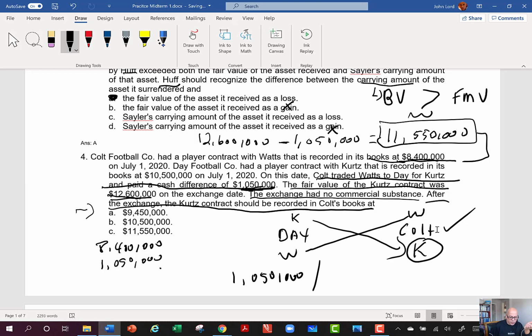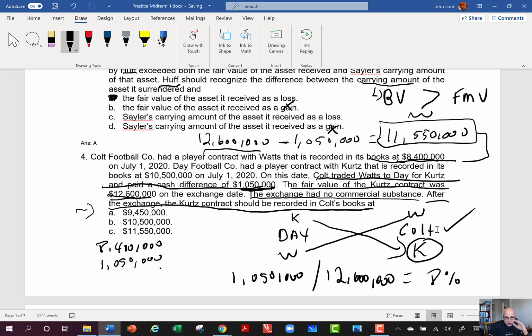I know that because they told me 12.6 is the value and you had to give up 1,050 of cash. 1,050 plus 11,550 equals 12,600,000. So if I take 1,050,000 and divide that by 12.6, that one I did do the calculation on, that only comes to 8%, 0.08 give or take.